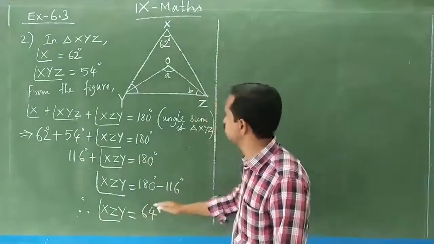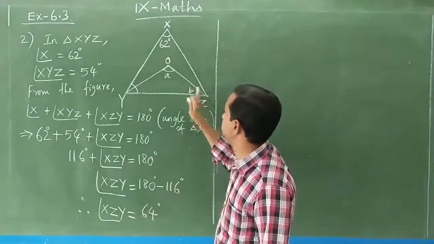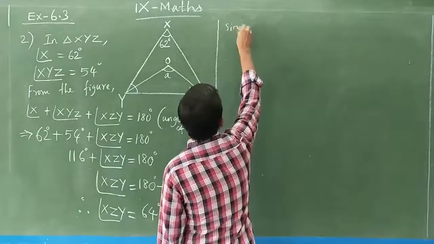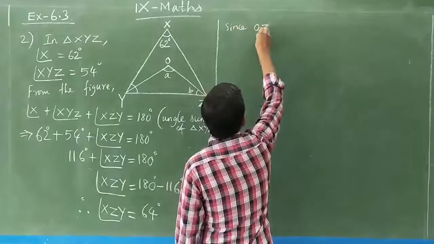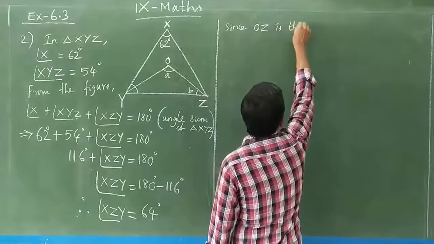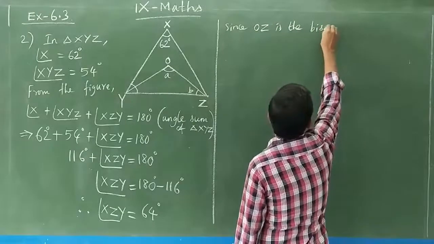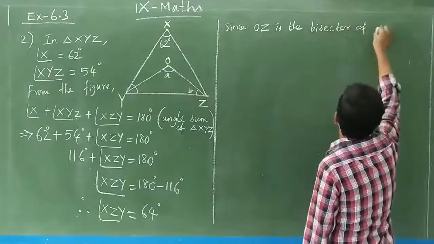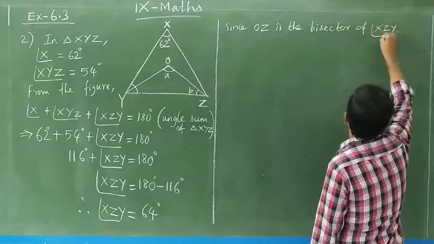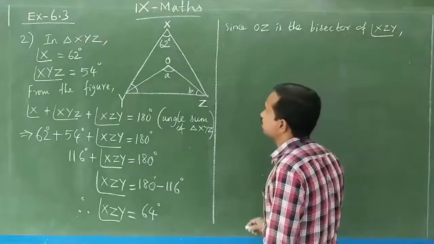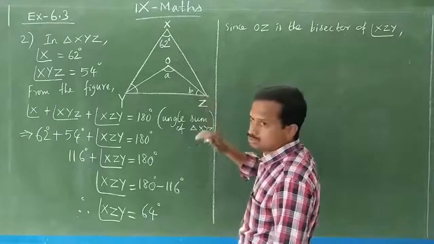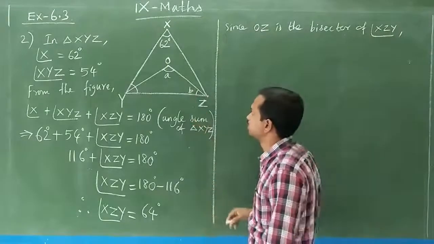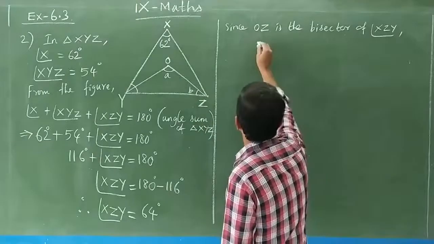So XZY is bisected by this OZ. So we can take, since OZ is the bisector of angle XZY, we can take this angle B alone. So that is what we have to find. So we can take this angle B. So that is easy to understand.